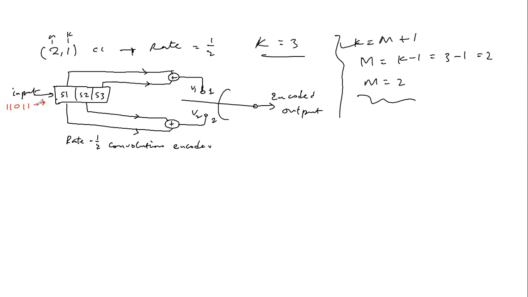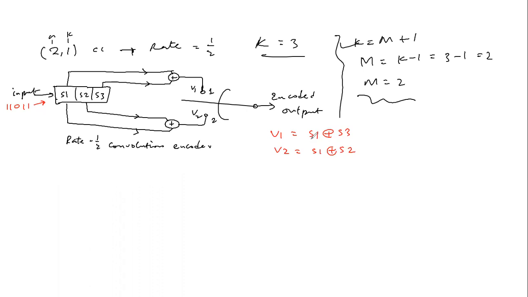Now you know that each bit in the input sequence will yield 2 outputs, because once we feed this in with this combination, we get 1 bit, then with this combination, we'll get 1 bit. So for each bit, we'll have 2 bits as the output. Hence, from this connection diagram, V1 is the same as S1 plus S3, that's modulo 2 addition, while V2 is the same as S1 plus S2.